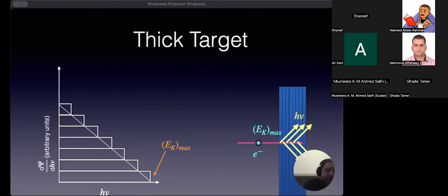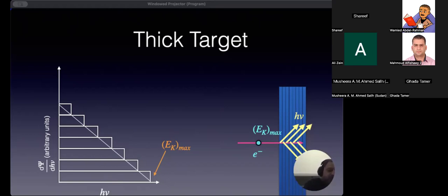Each of these thin layers will produce a constant energy fluence, with a maximum energy that will depend on the electron energy when it entered that particular layer. And we will stack these fluences on top of one another.